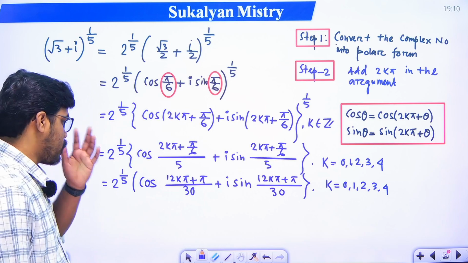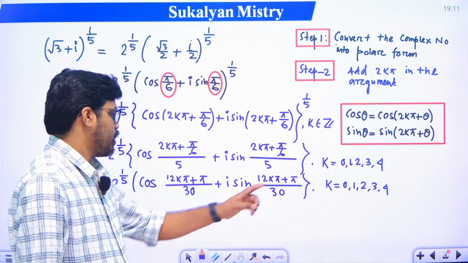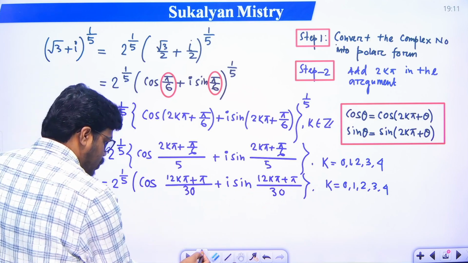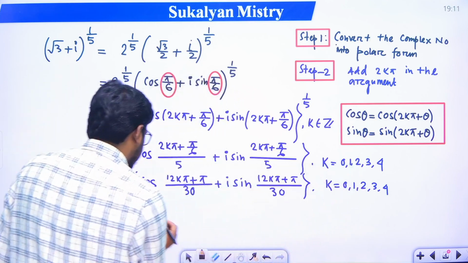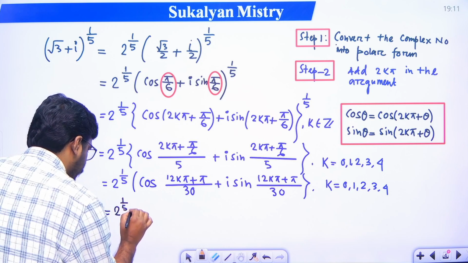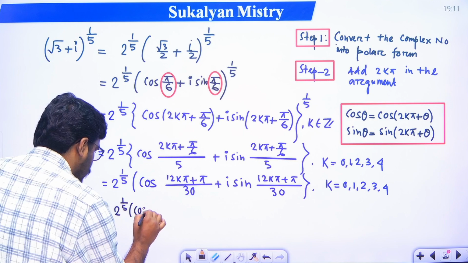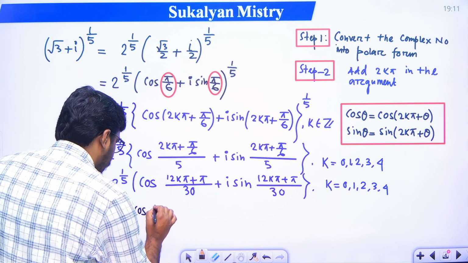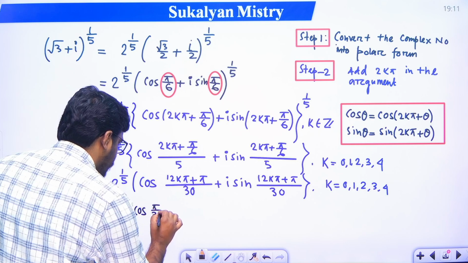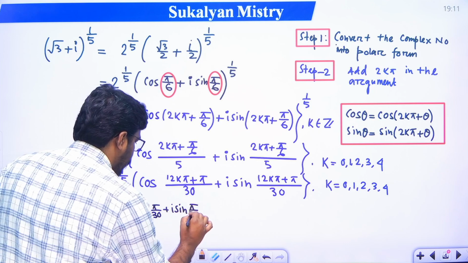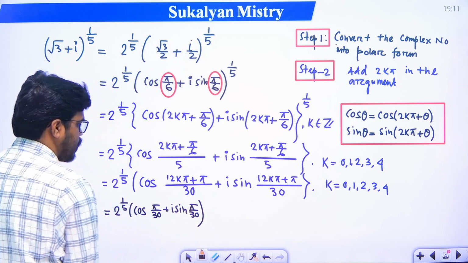Now if we put k equal to 0, what do we get? We get 2 to the power 1 by 5 into cos pi by 30 plus I sin pi by 30.